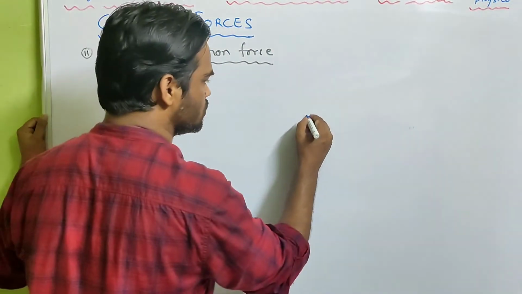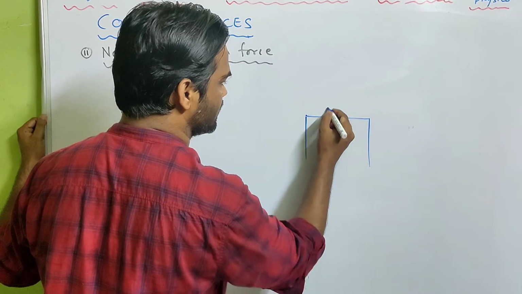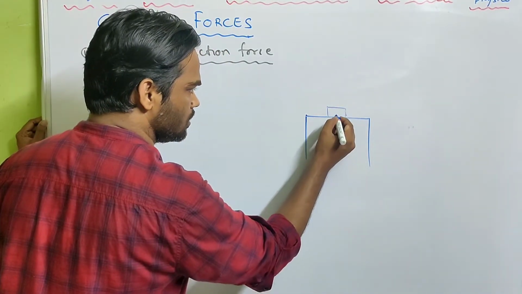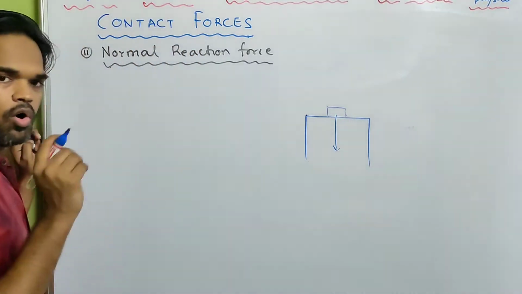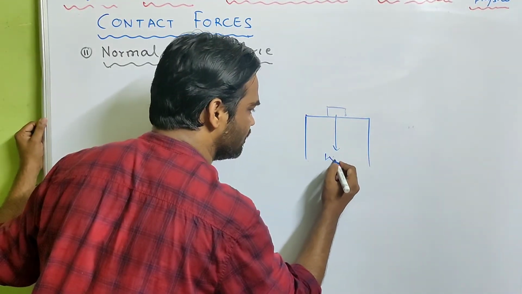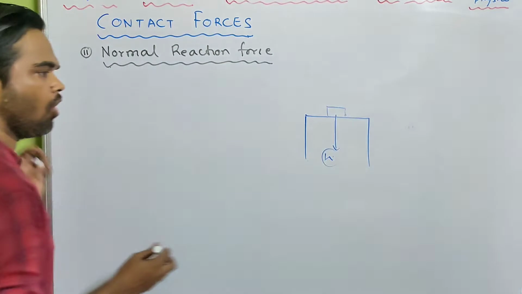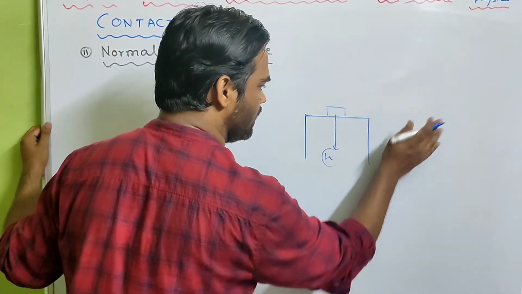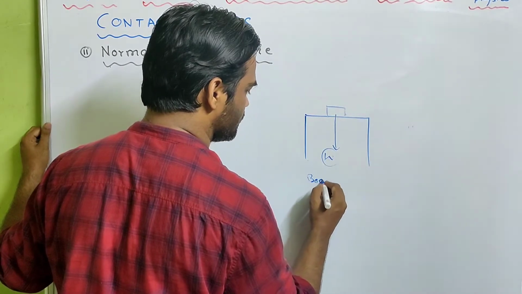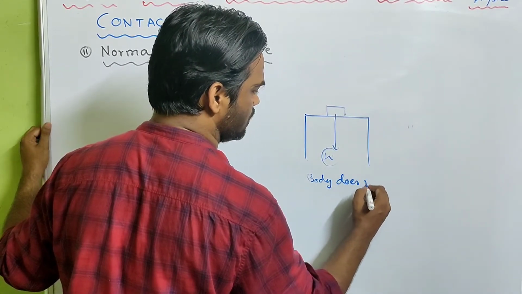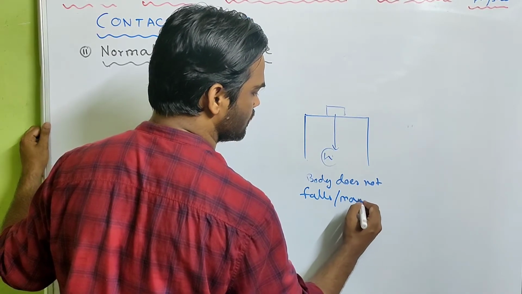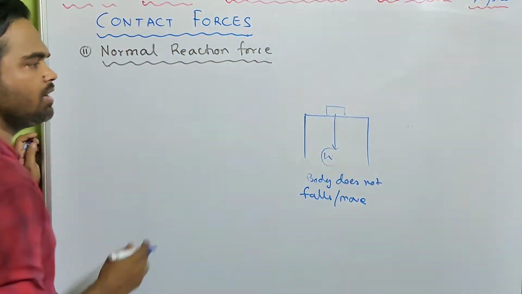Now suppose you have a table and you have kept an object over it. Now the weight of the object acts vertically downward, but still the body does not fall or move. Why?